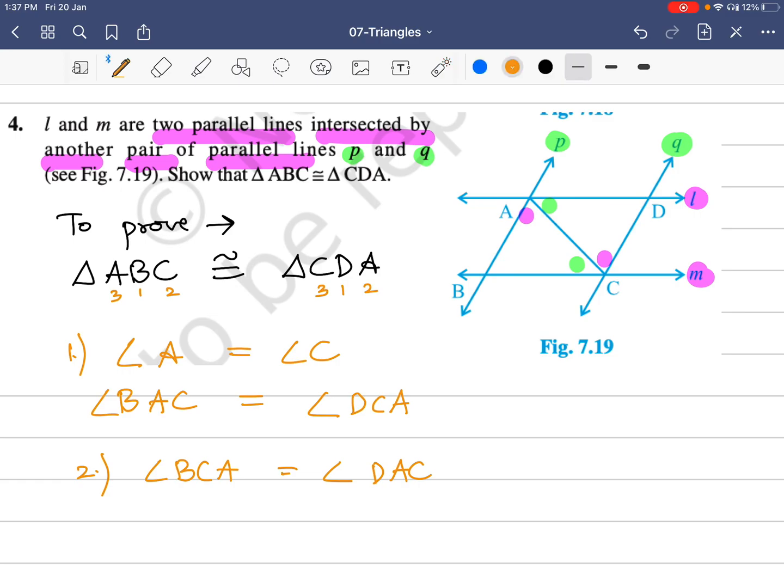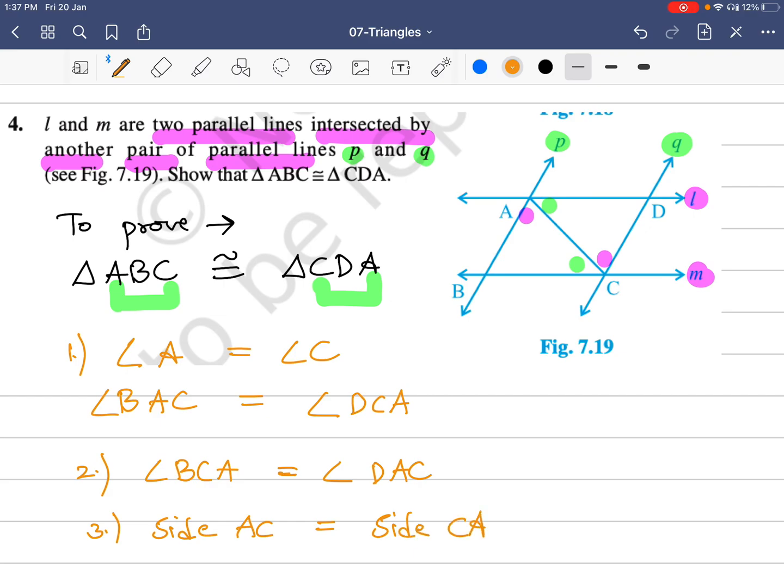And finally, we have the third point, which is about the common side. So let me highlight the side. Now, which side is it? The common side is AC. So this side AC, and here it is CA. Doesn't matter. AC, CA is basically the same side, which is congruent to each other. So I'm going to say side AC is equal to side CA.